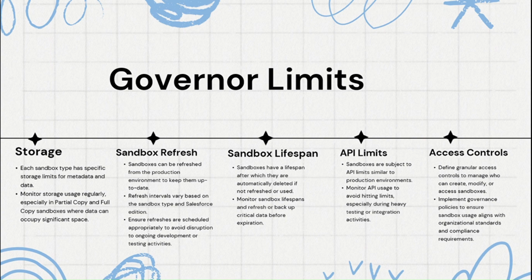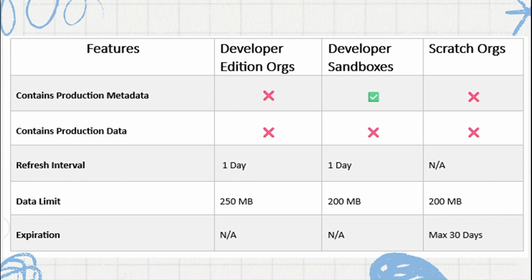Now we move to a few more things about Salesforce. Here we compare features across three different types of orgs: developer edition orgs, developer sandboxes, and scratch orgs. Coming to features, contains production metadata: only the developer sandbox has it; developer edition orgs and scratch orgs do not.